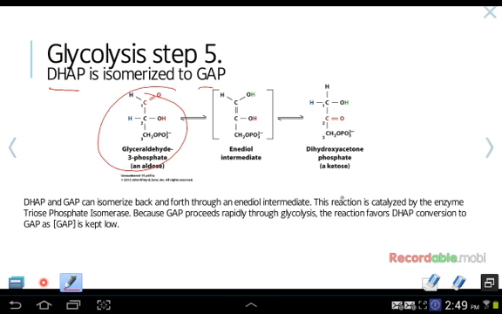So these can freely isomerize back and forth through an enediol intermediate, which is catalyzed by the enzyme triose phosphate isomerase. But because GAP proceeds rapidly through glycolysis, the DHAP conversion to GAP is favored, because the concentration of GAP is kept so low, we're pushed in the equilibrium this way, as opposed to GAP going back to DHAP.